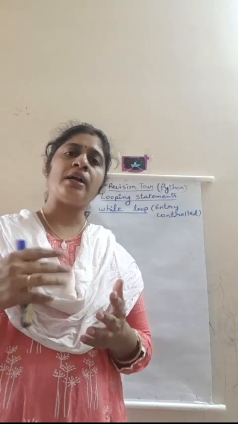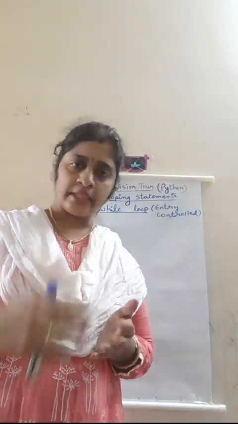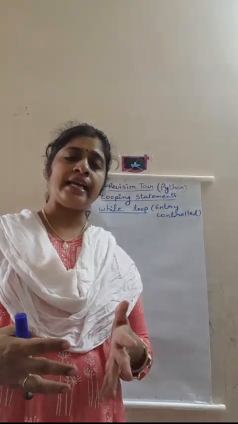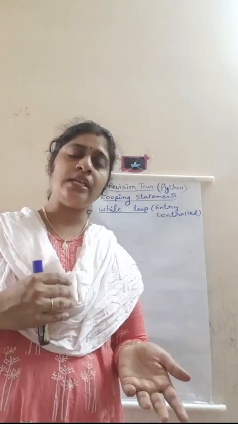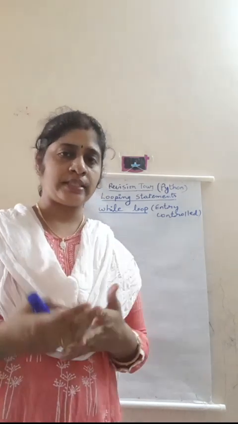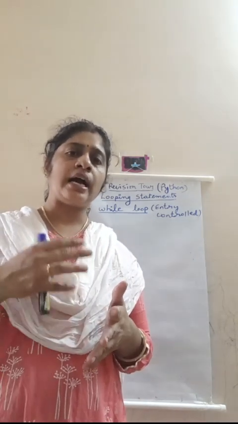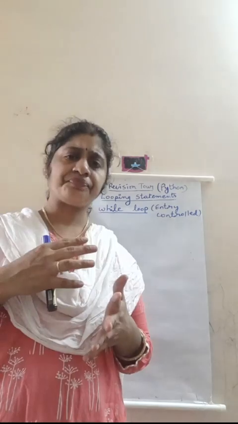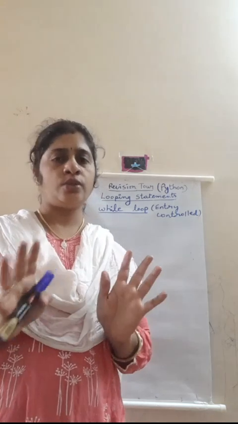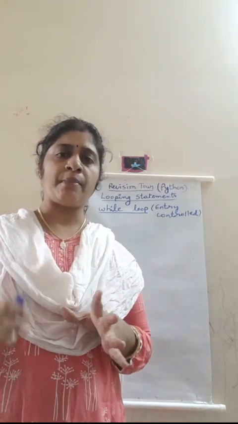That is, you keep on asking the user whether he wants to continue entering numbers. If he says yes, then you take a number from the user and add it to the sum, and again you ask the user whether he wants to continue, unless he says no. If he says no, then you stop the loop and come out of the loop.